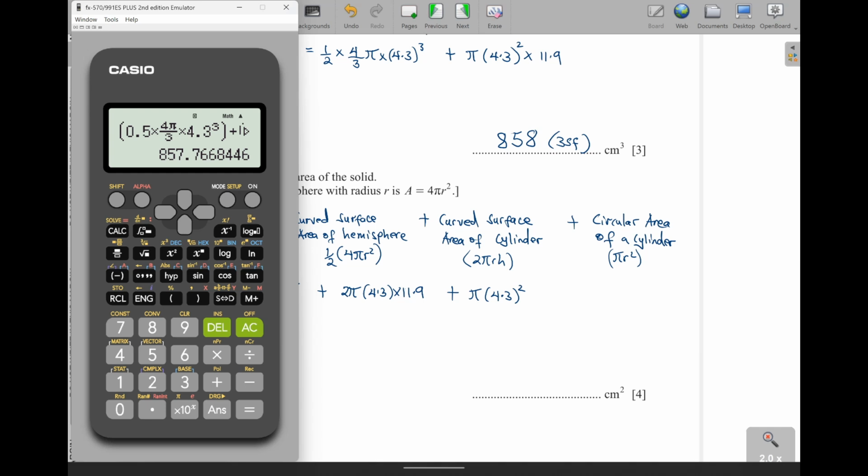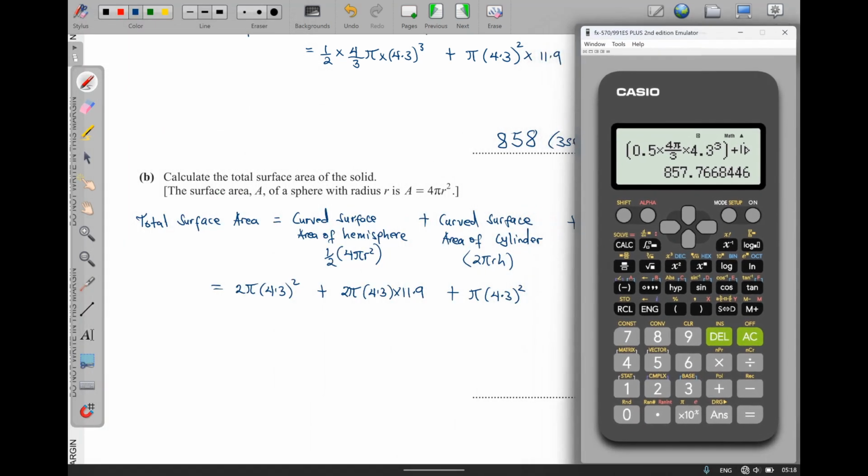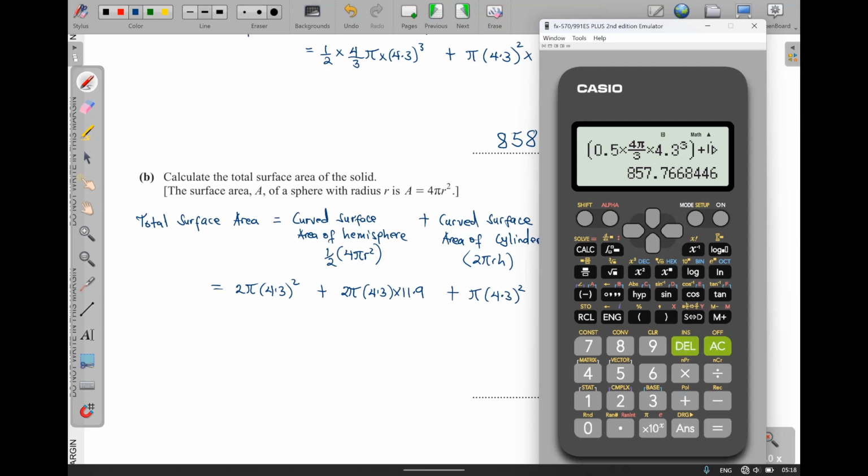And I can put each and everything in the calculator. Okay, so putting everything there, we have 2 pi times 4.3 squared.